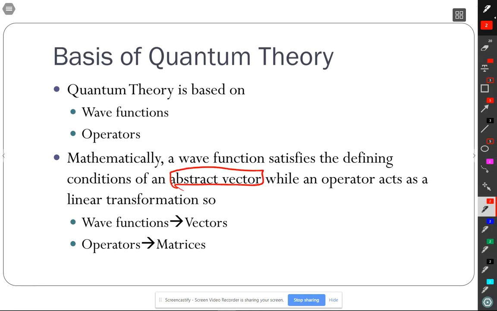An operator satisfies the conditions for a linear transformation or a matrix. So wave functions are vectors. If you had a finite space, it would probably be pretty easy to think about that way. But with an infinite space, with an infinite number of dimensions, it becomes hard to think about these functions of x as being vectors.